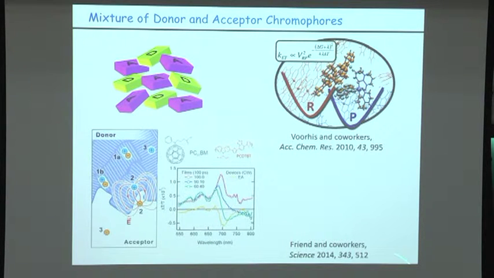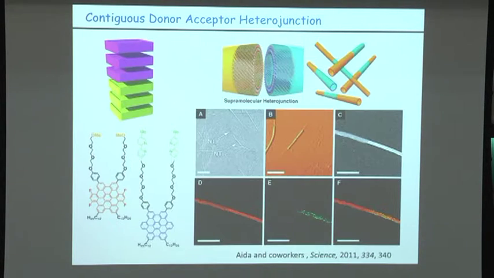Until recently, when Richard Friend and co-workers came up with an idea that you can have a sort of self-sorting by mixing the donor and acceptor, where you get domains that look like this and will create heterojunctions, creating effective photovoltaic efficiency. Now this has been modeled by various theory groups in order to understand what it takes to mix donor and acceptor together to get a real nice efficiency out of the system.